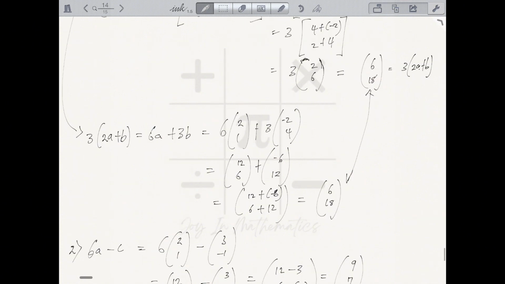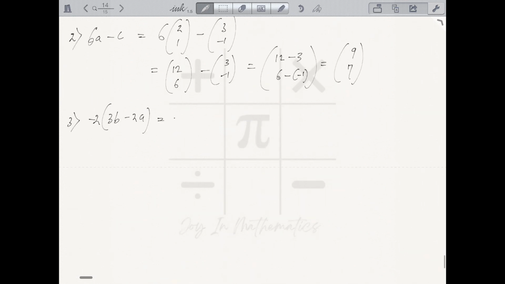I think when we open up the brackets, it's easier. So let's open up the brackets. That will give us -6b, and this will give us plus 4a. So -6b + 4a.